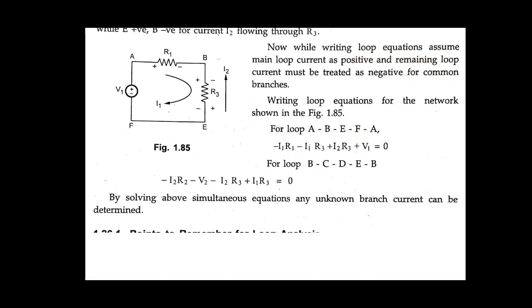Then minus I2 into R3, and the positive sign is given to I1, because in branch B, I1 is flowing from B to E, that's why it is positive, equals 0. So we got two different equations, and by solving the above two equations simultaneously, we can find the unknown branch currents I1 and I2.